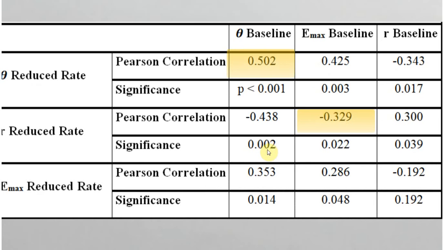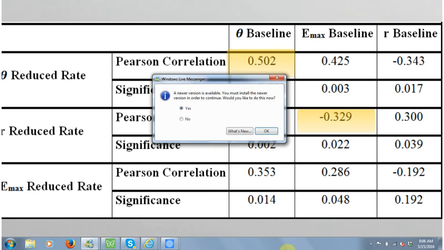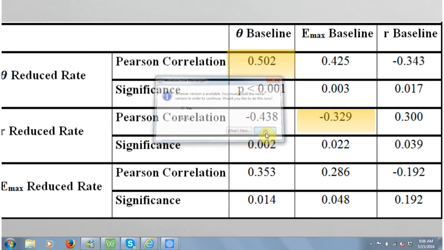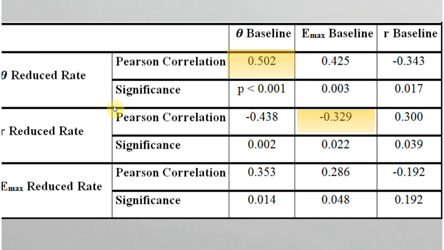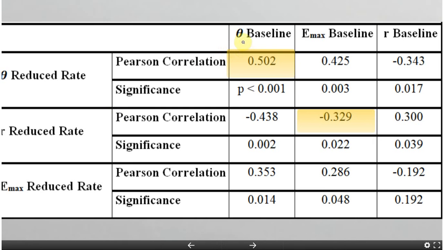So there are some other interesting facts here. What about once I reduce the amount of food that's consumed? So these are the reduced rate thetas, R's, and Emaxes, and are they related to the baseline? And they are. Remember, in Corby's study, he took individuals and reduced their rate of eating by 50%.